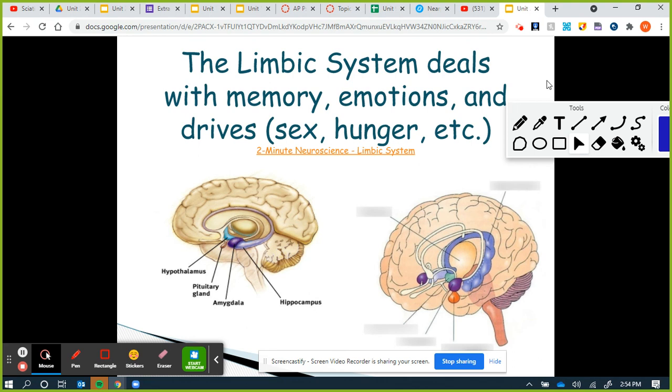Limbus is border. The limbic system is mostly involved in emotions, hunger, and other drives like sex. And emotions and drives and memory. And all of those things are kind of connected anyways.